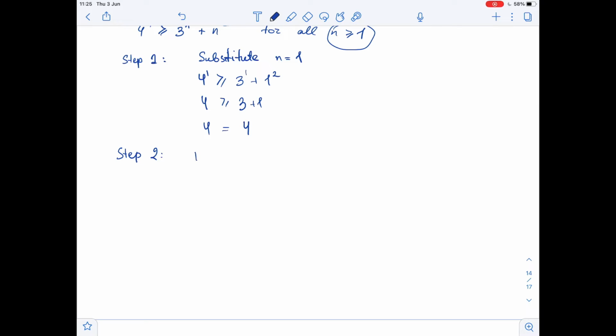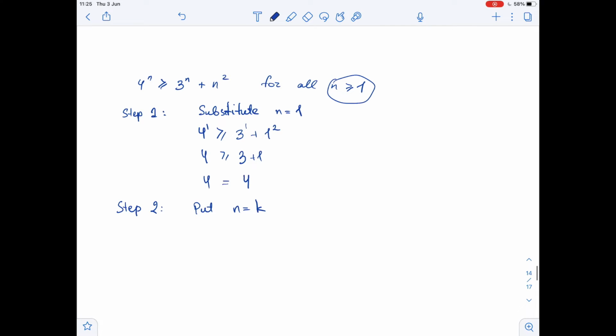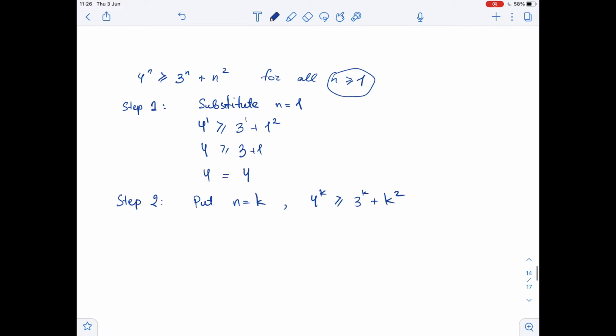Here we will put n equal to some k, and we assume that for n equal k, this statement is true. So for n equal k, 4 to the power of k is greater than or equal to 3 to the power of k plus k squared.